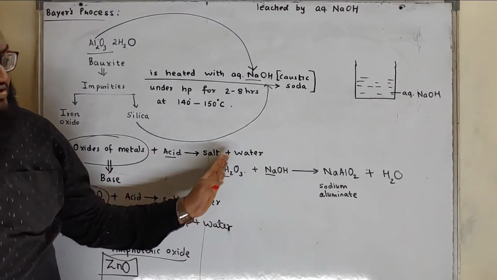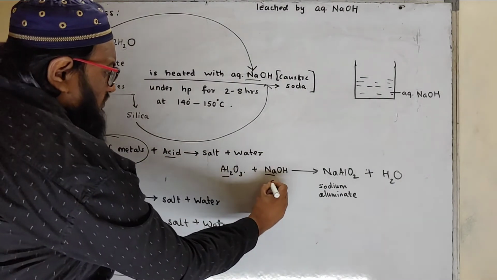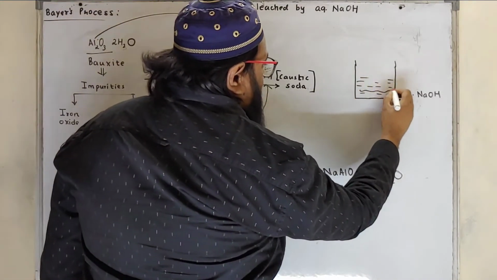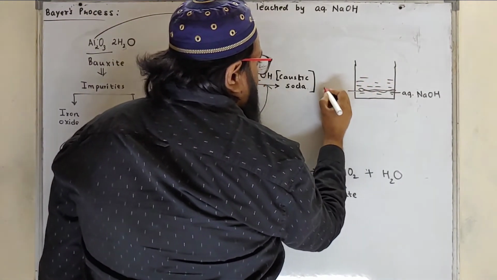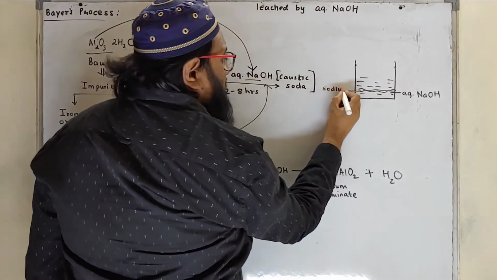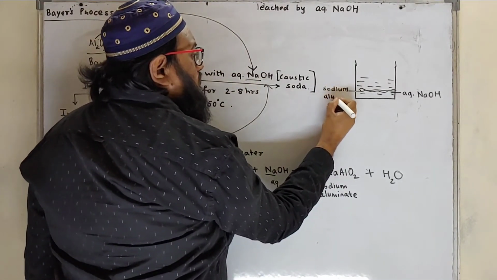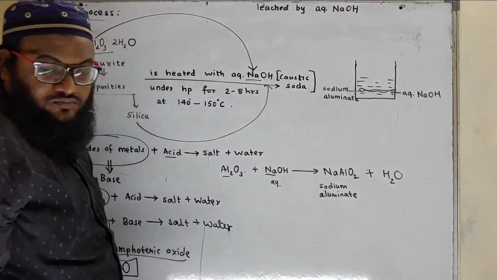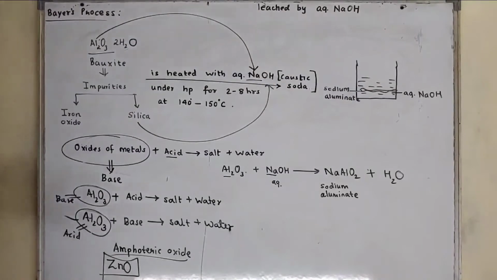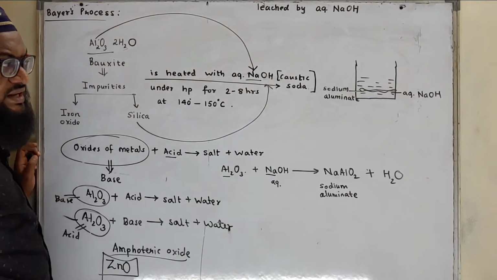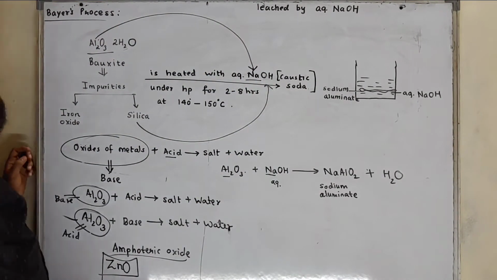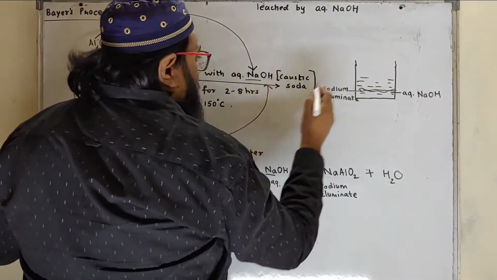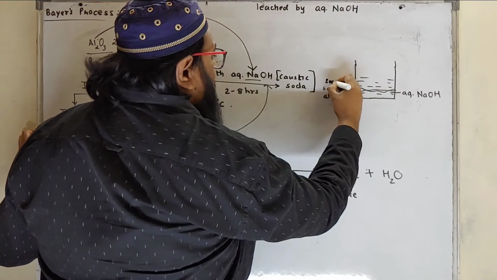Aluminium oxide dissolves in aqueous sodium hydroxide to form which salt? Sodium aluminate. That means aluminium oxide is dissolved, and it has formed sodium aluminate. Silica also dissolves in aqueous sodium hydroxide to form water soluble sodium silicate.